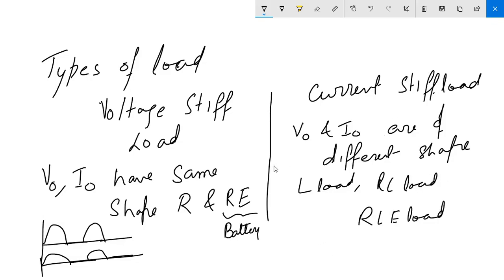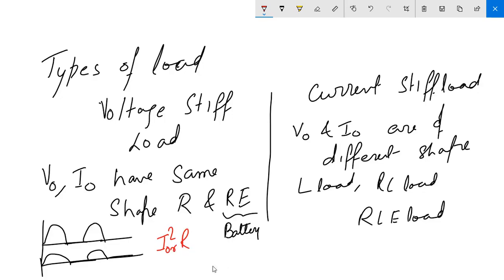Okay, now talking about the power calculation. For R load, to calculate the power you have to calculate I naught square R. Whenever you calculate I square, you have to use the RMS value.